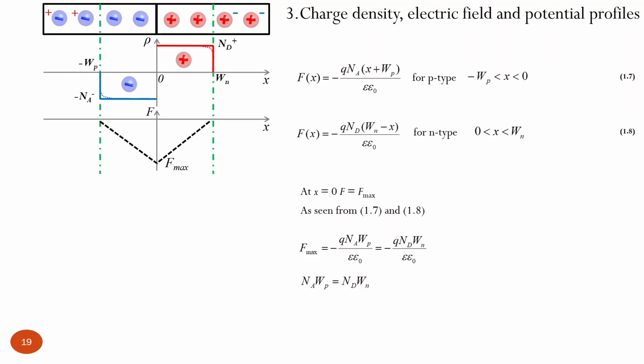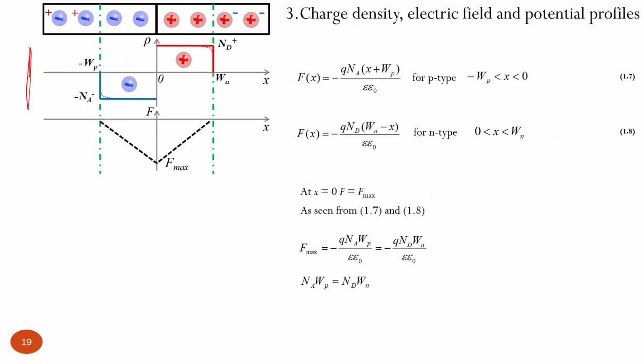So as you see here on this image, in this part, we have a step-like profile for space charge, considering uniform distribution of acceptor and donor centers.